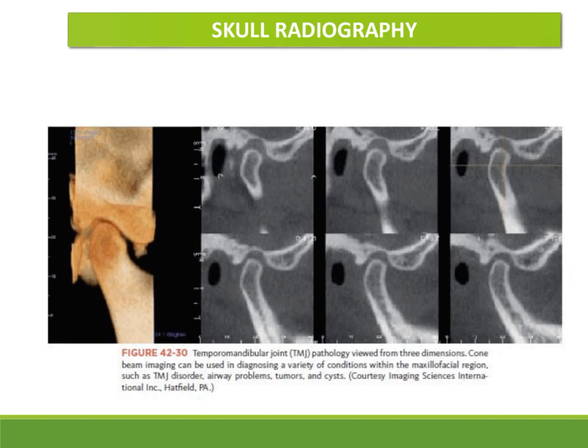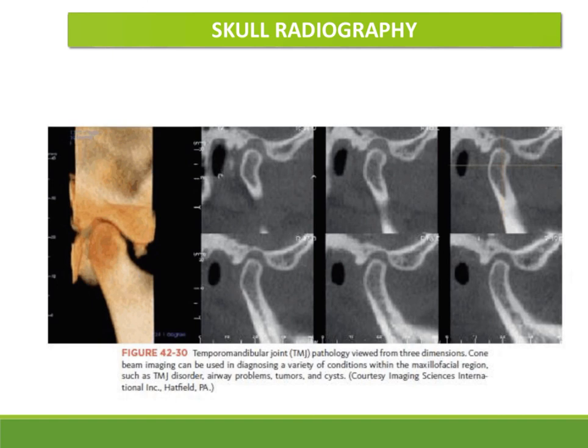This kind of imaging, in which we get sections of the areas, we call tomography. There is simple tomography, computed tomography, and cone beam computed tomography. What is the difference? Simple tomography means you see only the TMJ region, and it will be 2D imaging.